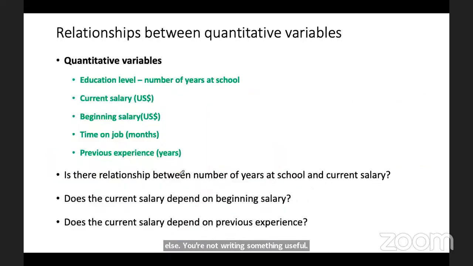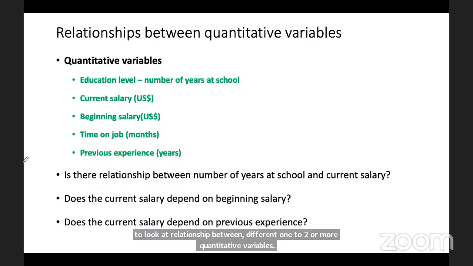Okay, so finally, we are going to look at this for the next 10 minutes, then we go on with the analysis. The next thing is we want to look at the relationship between two or more quantitative variables.